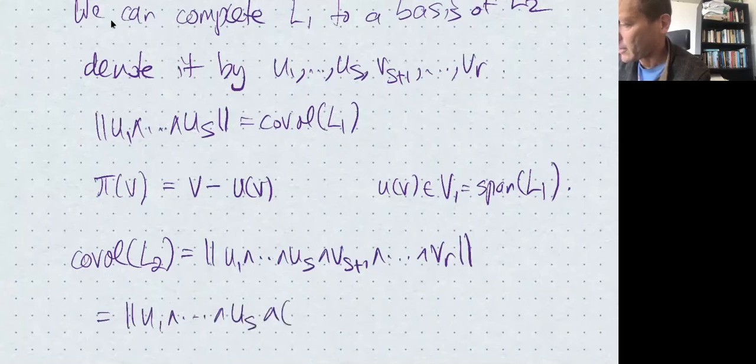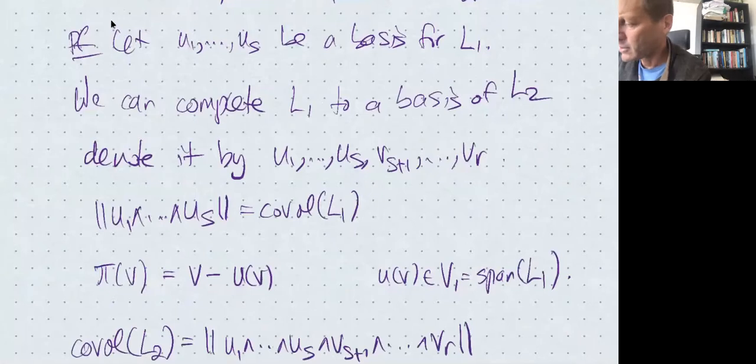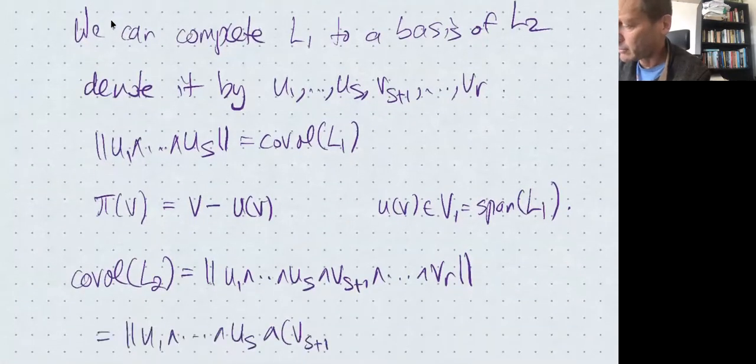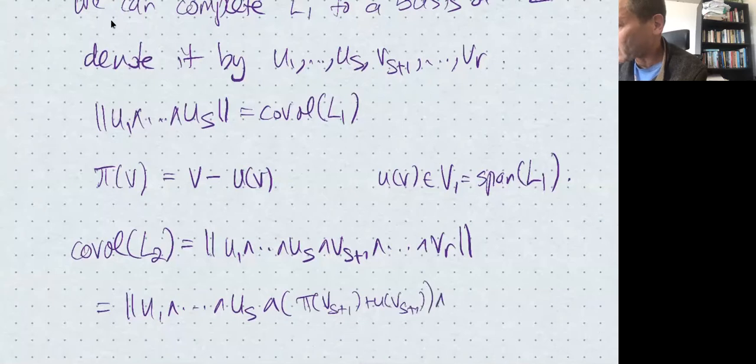Let me just write it down again. This is V_{S+1}. I'm using this, so this is pi of V_{S+1} plus u of V_{S+1}, and so on for each.